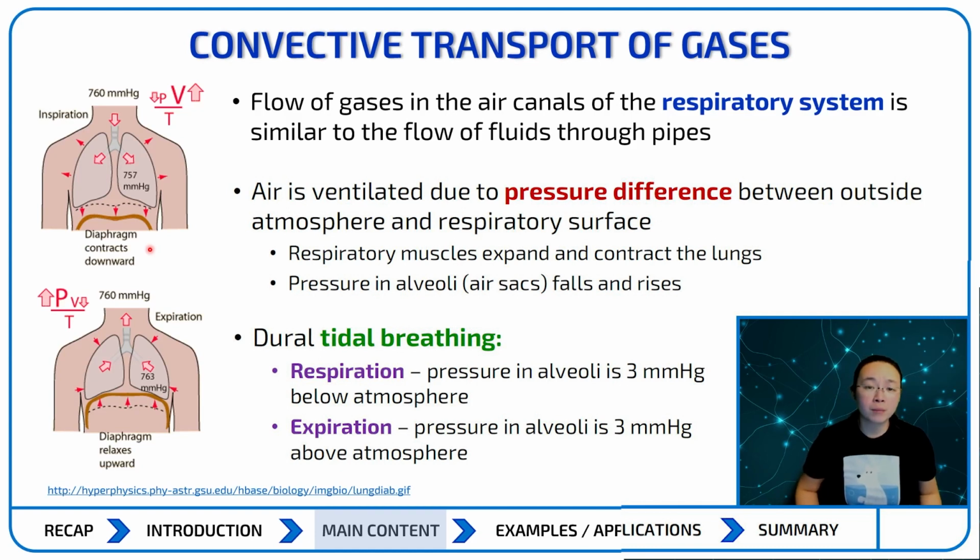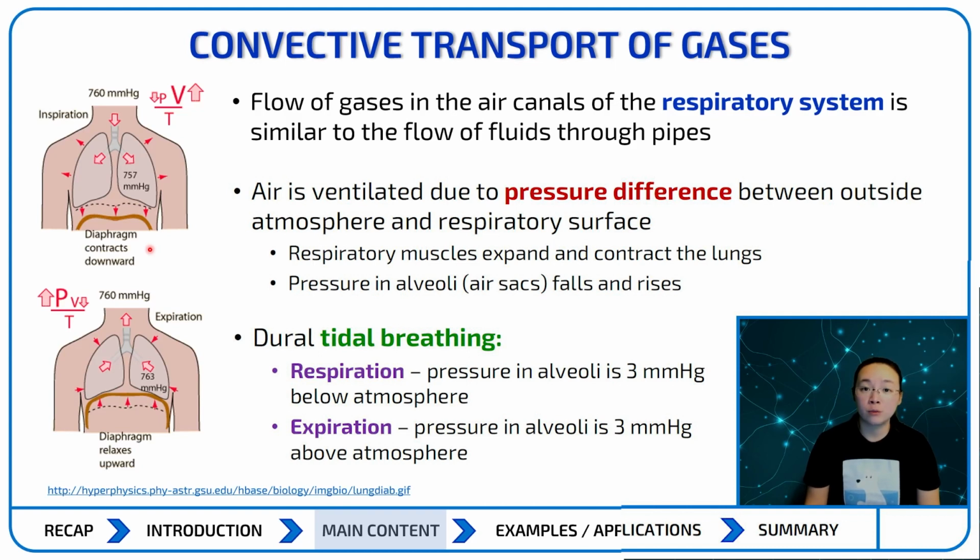So when you're breathing in, your respiratory muscles are going to expand so that you can take in the air, and then they're going to contract when you exhale. The pressure in your alveoli, or your air sacs, is going to fall and then rise. It falls because they expand and flatten out, and it rises because they shrink.